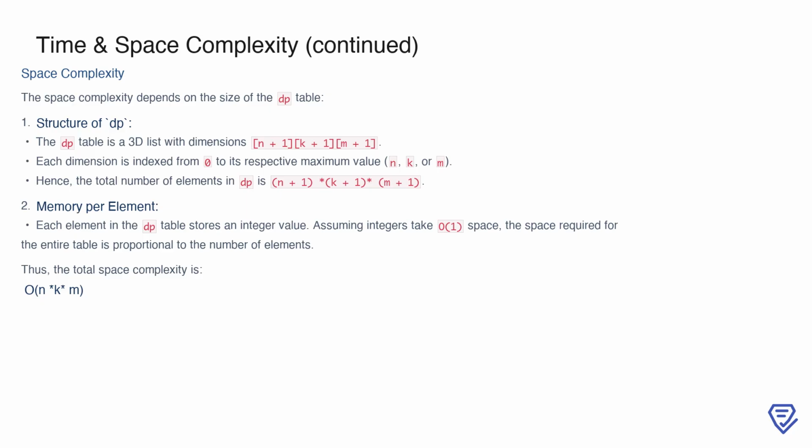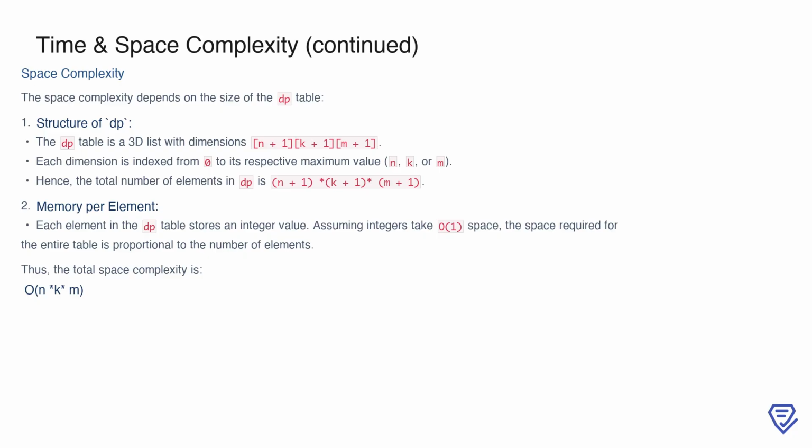Now, let's look at the space complexity, which is determined by the size of the dynamic programming table, or DP. This table is a 3D list with dimensions n plus 1, k plus 1, m plus 1. Each of these dimensions corresponds to the length of the array, the search cost, and the maximum value so far, respectively. Since all dimensions are indexed from 0 to their respective maximum values, the total number of elements in the DP table is (n plus 1) times (k plus 1) times (m plus 1).